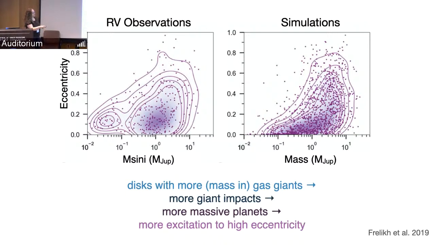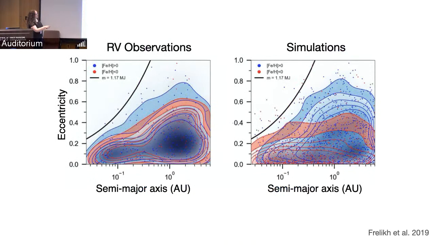And this is a model with very little, basically no fine tuning that goes into it. So I'd say these are pretty good matches. And you can even get this metallicity dependence from this kind of simulation.